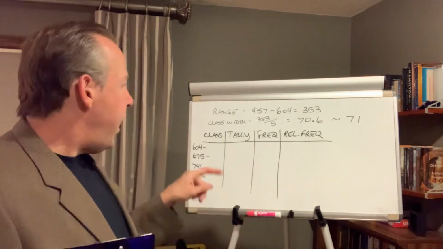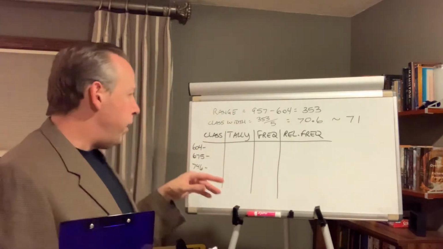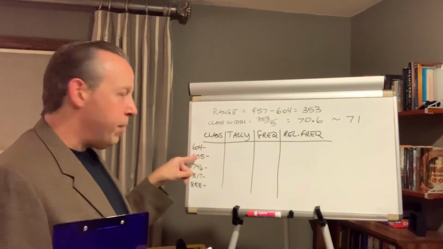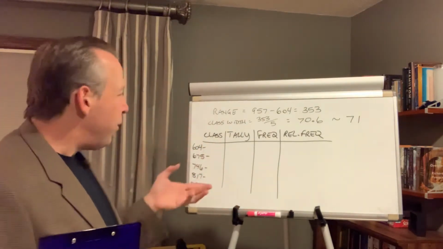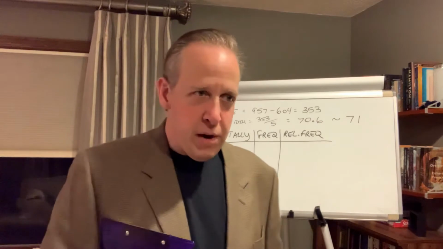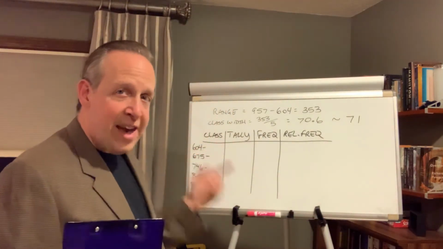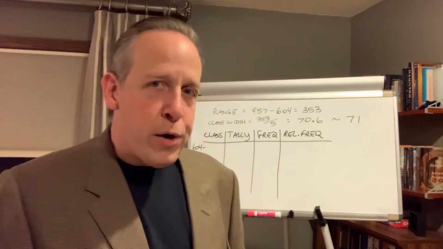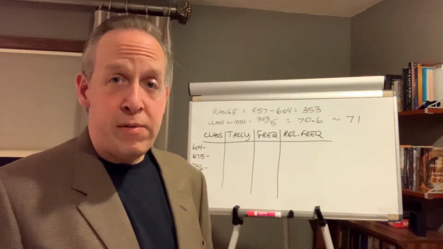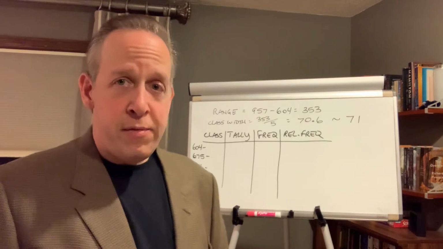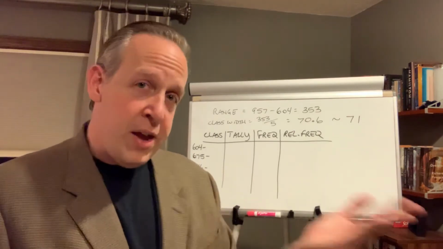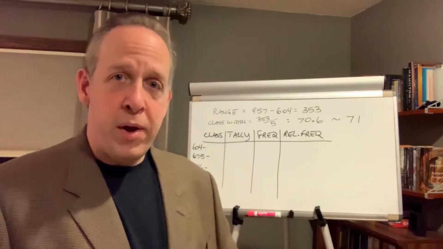To figure out the end of each class, you go one before the beginning of the next class. I can't go to 675 here and also start the next class at 675, because where do the values of 675 go? Pretend you have 2 buckets, one that takes numbers 1 through 10 and one that takes numbers 10 through 20.